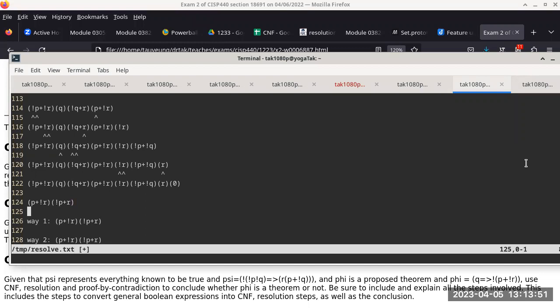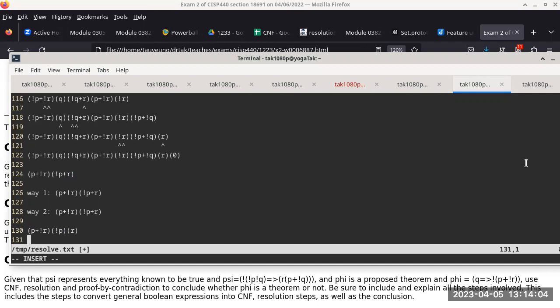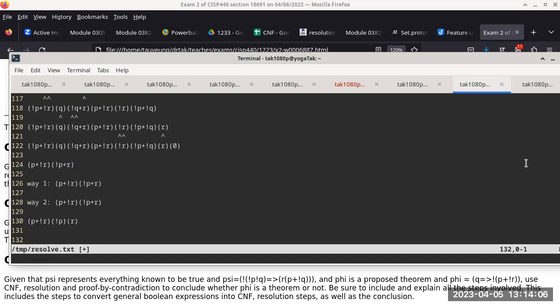So the question now is, what if I change this just slightly and I have this instead? Then it is resolvable, right? Because in this case, you basically just do it step by step. It's up to you to choose which one you want to use first, but since I'm always going from left to right, I can use this P to resolve with this not P here.